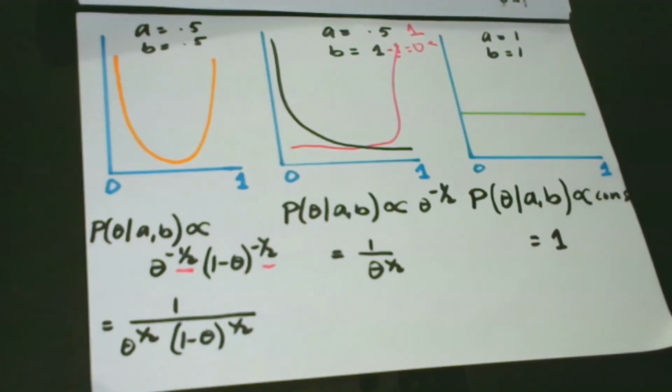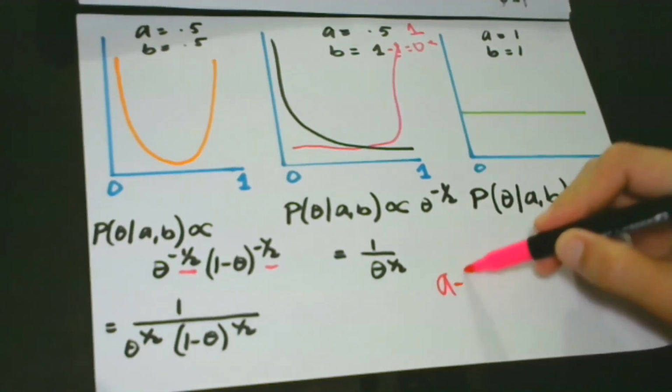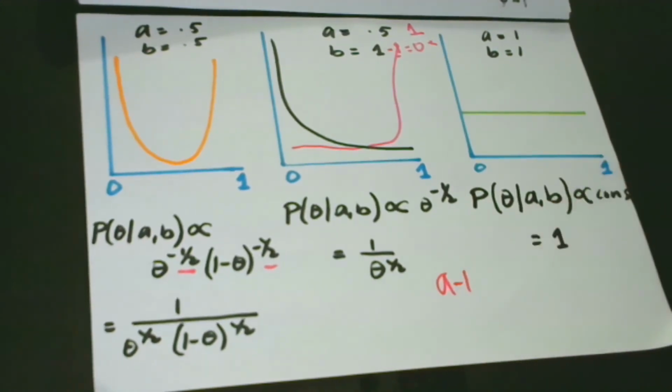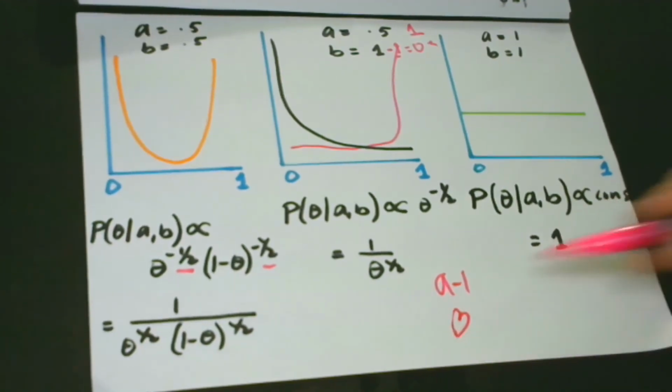Having all these scenarios, we can arrive at some interpretation of alpha and beta. We can think of alpha minus 1 as the number of successes, and beta as the number of failures. So you can choose alpha and beta parameters however you think they are supposed to be.